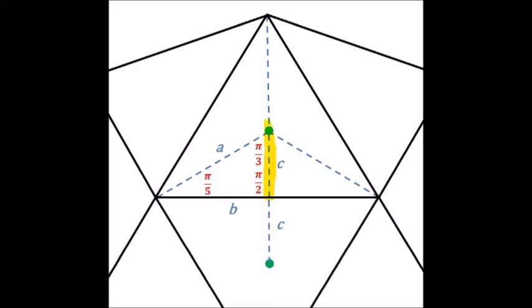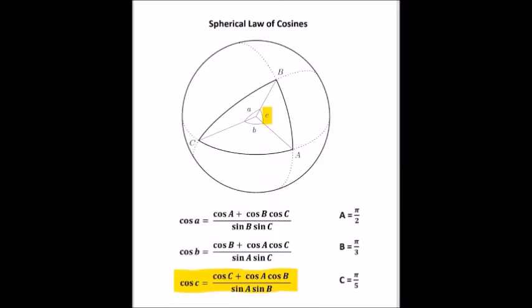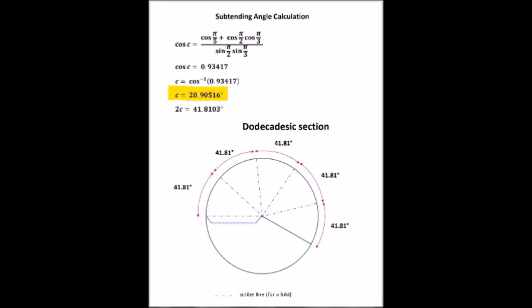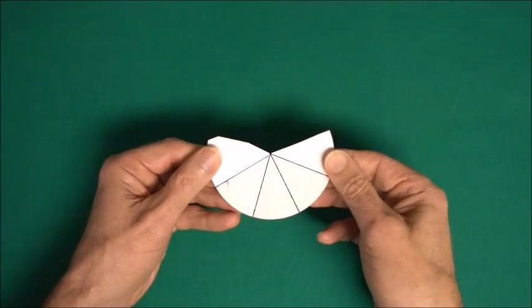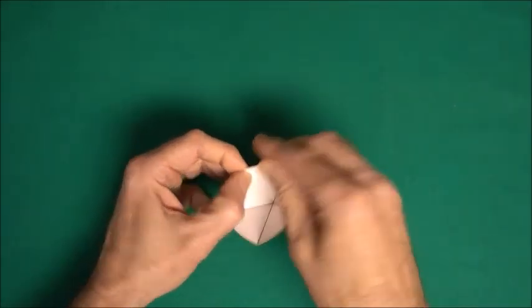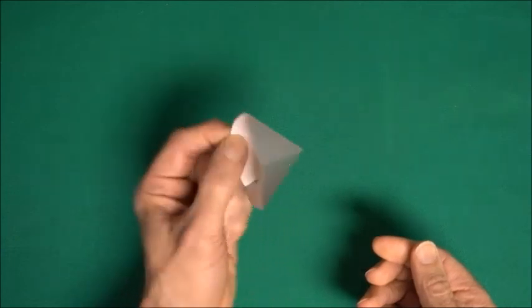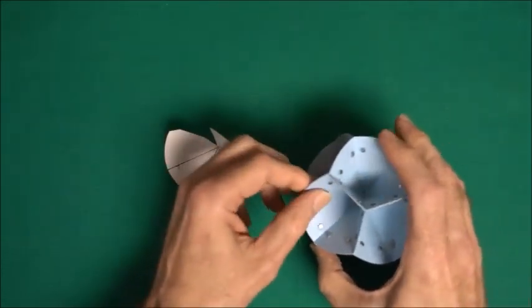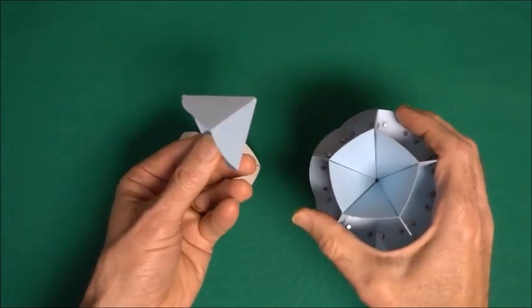The vertical edge C here represents 1/2 of the edge of the dodecadecic. We can now use the angles to calculate the subtending angle C. We then need to double it to get the subtended angle of 41.81 degrees. We can then mark off 5 angles for the template of the dodecadecic section. And once assembled, 12 of these sections will form a spherical structure known as the dodecadecic.